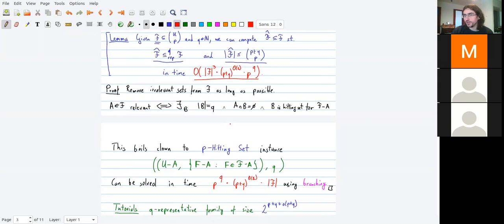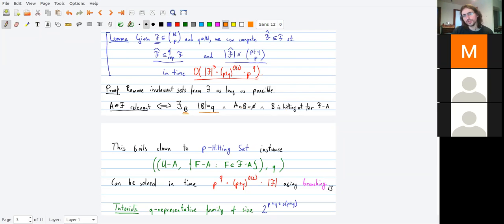So we can emulate this proof if we have an oracle which, for a given set, will tell us whether this set is relevant, in the sense of whether I can remove it from my family and still maintain the representativeness. So what does it mean that it is relevant? It means that there is some possible future B, some set of q vertices B that fits, for which this is the only one that fits.